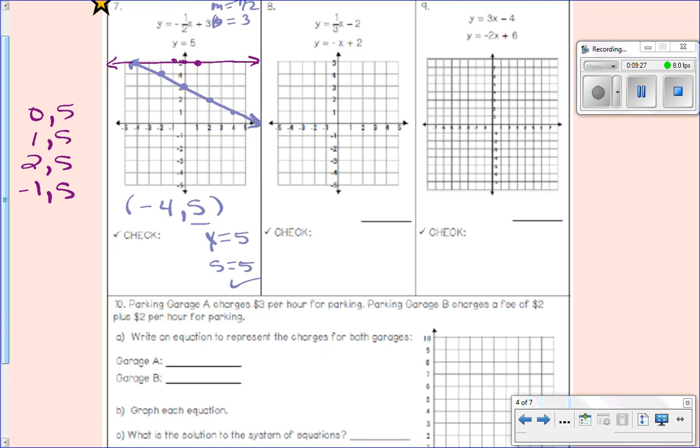All right, and then what's our other one? What is our x plus 3? Our y value is 5. Negative 4 plus 3.